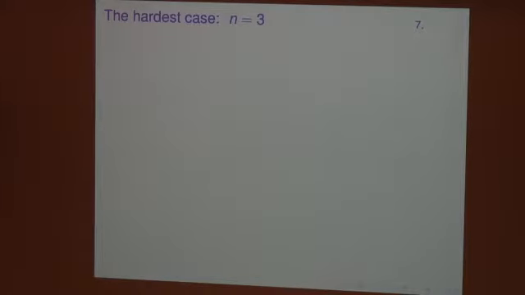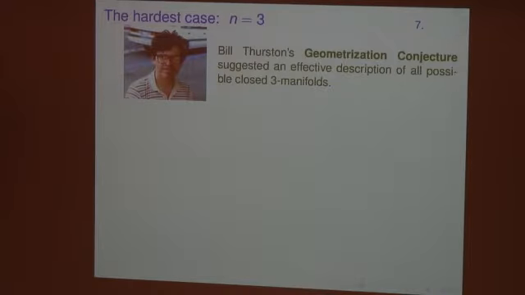The first big step was by Bill Thurston, who provided a very powerful conjecture suggesting that every three-dimensional manifold could be cut up into simple pieces, each of which had a beautiful geometric structure.